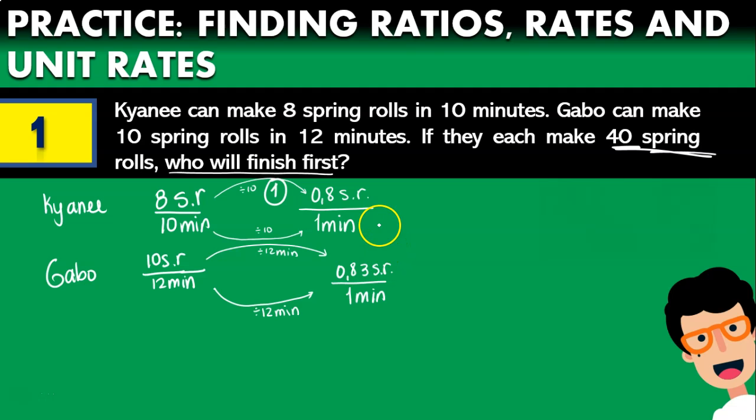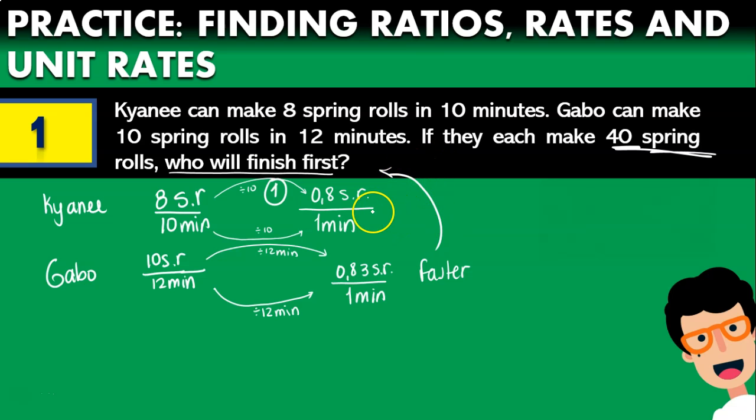By this, we know that 0.83 is higher than 0.8, meaning that Gabo makes spring rolls faster, because the numerator is higher for the same denominator. So Kiani makes 0.8 spring rolls in 1 minute, and Gabo makes 0.83 spring rolls in 1 minute. So since Gabo is faster, that answers our question. He will be the one who finishes first.